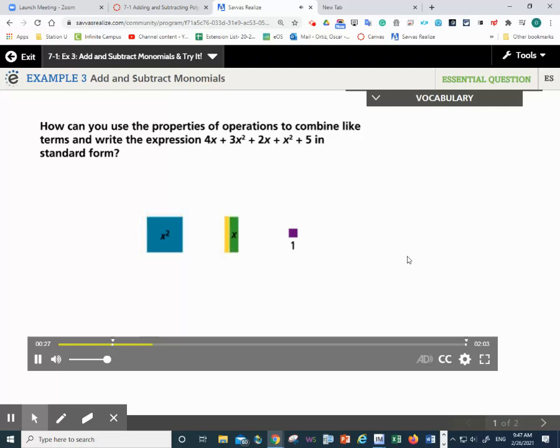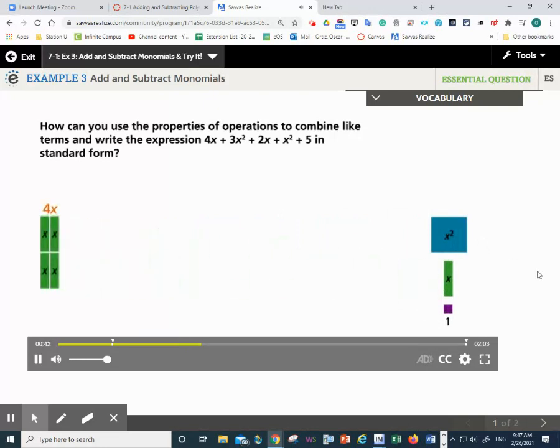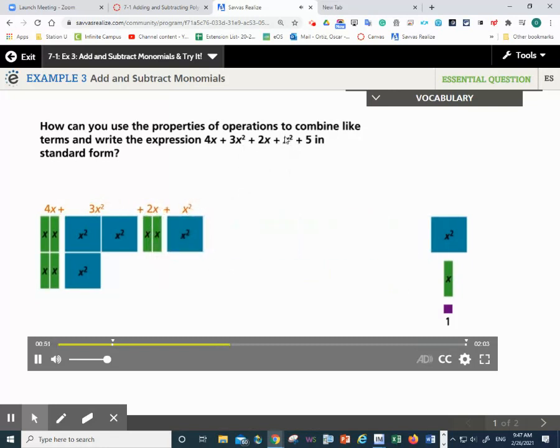This tile is x by 1, so its area is x. This tile is 1 by 1, so its area is 1. To model this expression, you can model each term one at a time. 4x needs 4x tiles. 3x squared needs 3x squared tiles. Then you need 2 more x tiles, 1 more x squared tile, and 5 ones tiles.